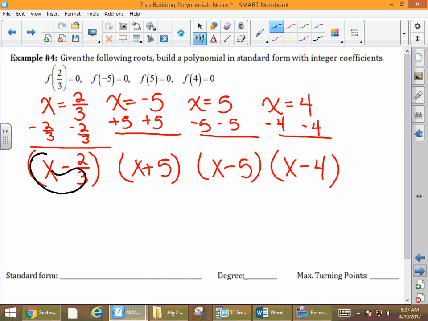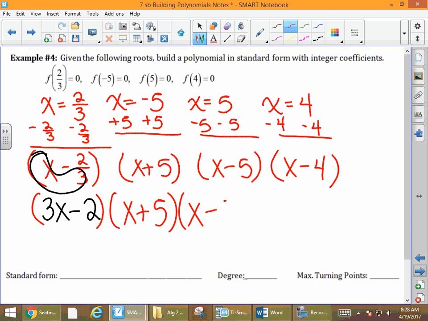We can take this 3 and move it up. So x minus 2/3 is the same thing as 3x minus 2. We move the 3 from the bottom up to the top. Now the other values don't change. We still have the x plus 5, and the x minus 5, and the x minus 4.